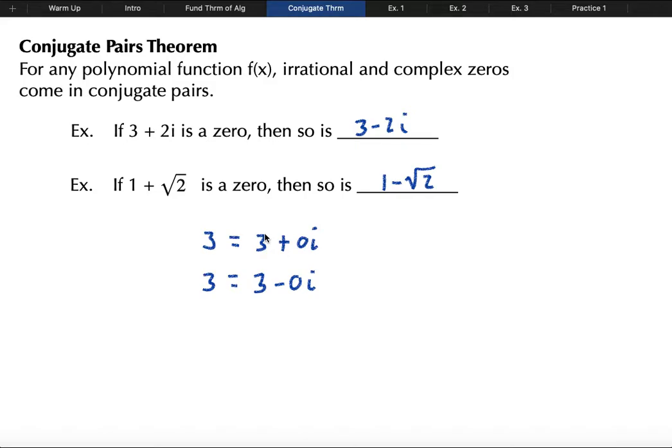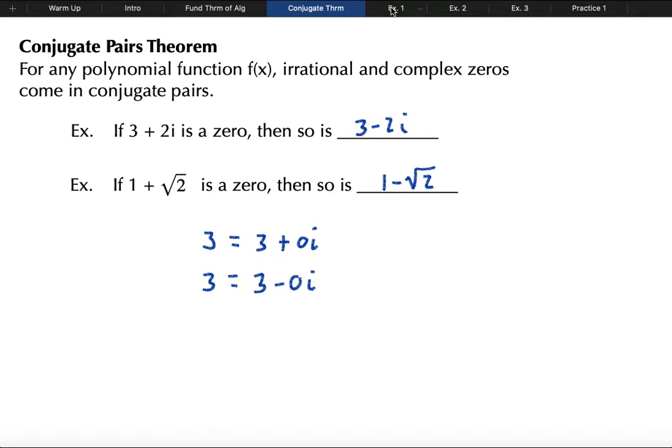The reason we were subtracting an even integer was because of this conjugate pairs theorem. Pairs have to come in even numbers: 2, 4, 6, and so forth. So if a zero wasn't positive or negative, then it had to be a complex zero, coming in pairs. That's the reason for that in Descartes' rule of signs.